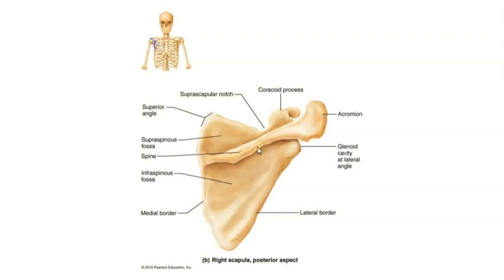So this entire structure right here is the spine of the scapula. The spine terminates at a flattened portion called the acromion, the same structure we saw a few moments ago that the clavicle forms a joint with.